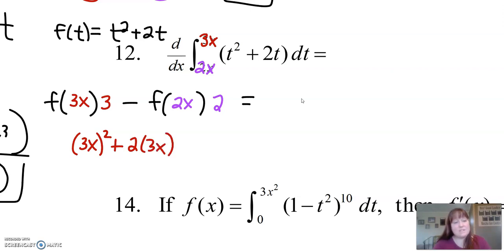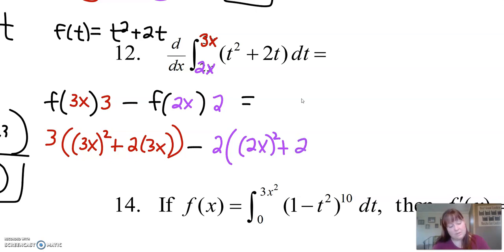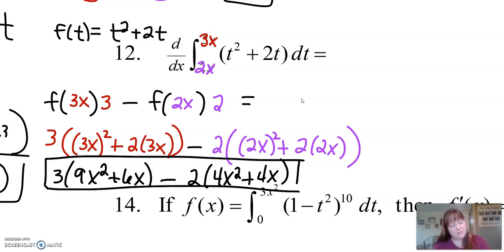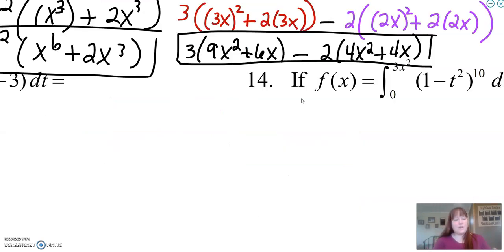Remember, that's just f of 3x, so this whole thing is still multiplied by 3, minus 2 times f of 2x, which is 2x squared plus 2 times 2x. We'll simplify a touch: 3 times 9x squared plus 6x, minus 2 times 4x squared plus 4x. That's plenty of simplification. All right, we've got 3.5 minutes for the last two.